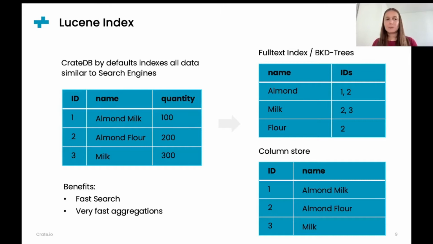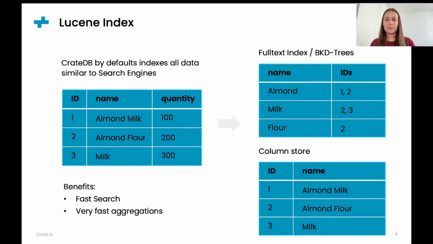The next thing I would like to discuss is storage and indexing. To be able to retrieve data efficiently and to perform aggregations, CrateDB uses Lucene for indexing and storing data. By default, it indexes all data. Fast search is achieved because the fields of each row are indexed using a full text index or BKD trees, depending on the field type.